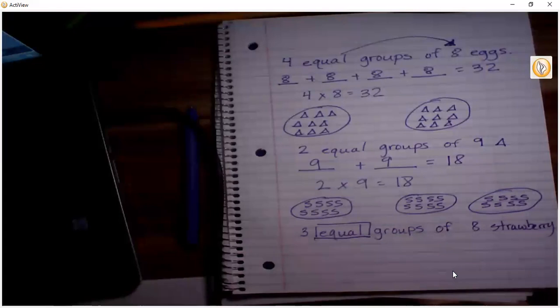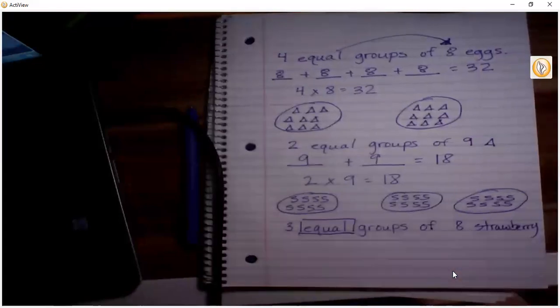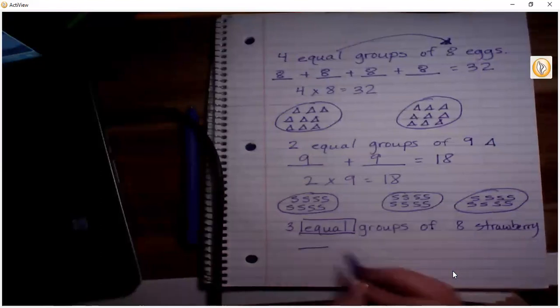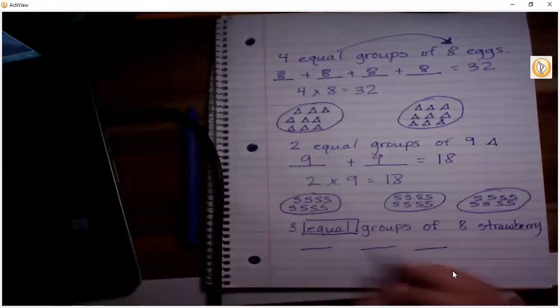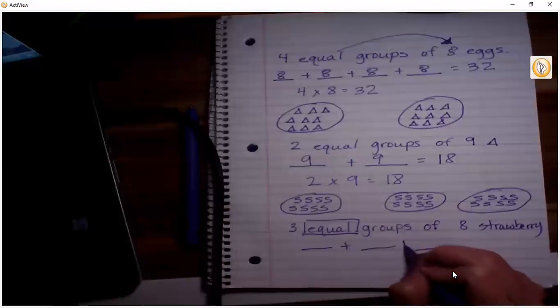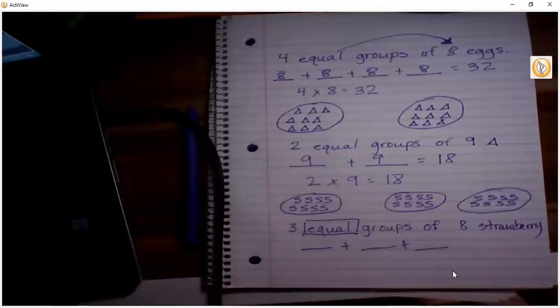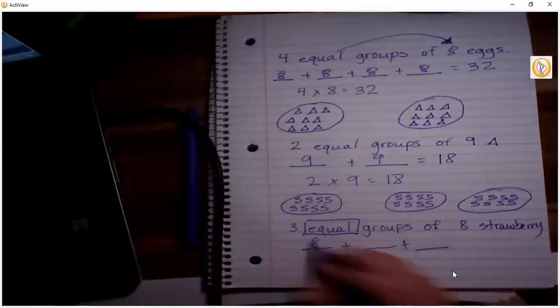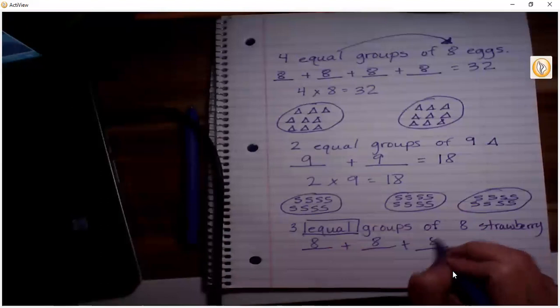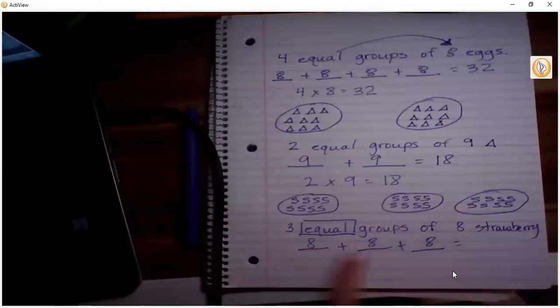Strawberry, I just put strawberry. I ran out of room, but strawberries. We have 3 equal groups of 8 strawberries. So that tells me I'm going to have 1, 2, 3. The multiplication is repeated addition. We call it repeated because it's the same number we're adding. And that same number this time is 8. I know 8 and 8 is 16.